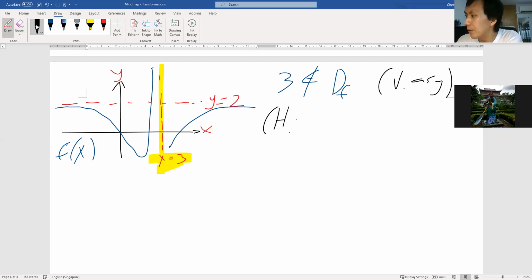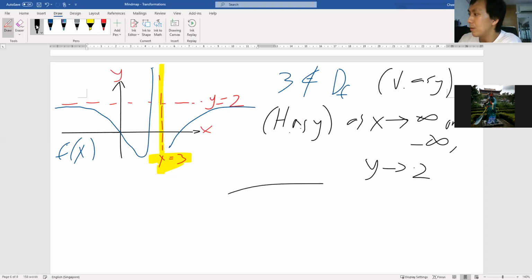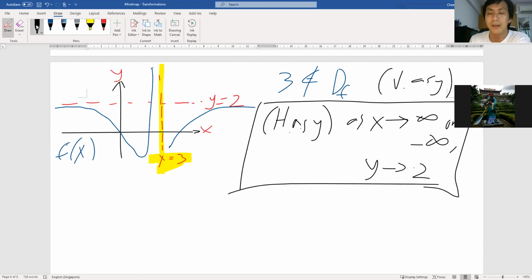This horizontal asymptote is actually trying to tell you that as x goes to infinity or negative infinity, your y goes to 2. Understand? But it doesn't really speak about whether the graph can be equal to 2 in the interim period, in the intermediate values, which are here, for example.